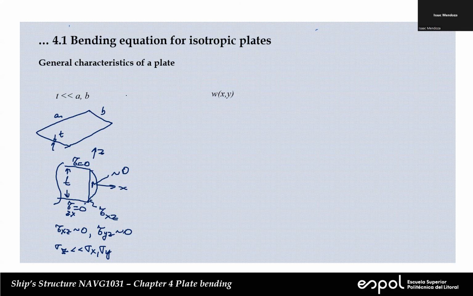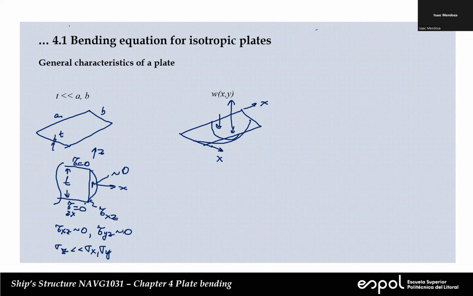That's one thing. Another thing is something that we said before, the deflection. So let's suppose that we have a plate here and we have a load here. Because of this, it's going to deflect. But the problem is that I have 2 directions.